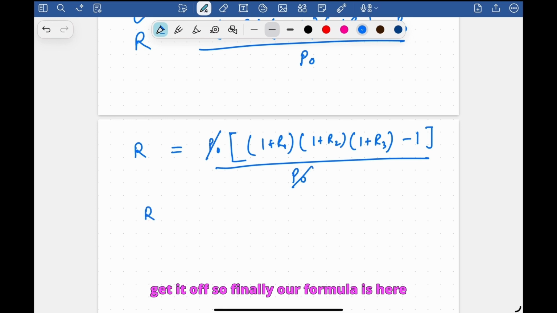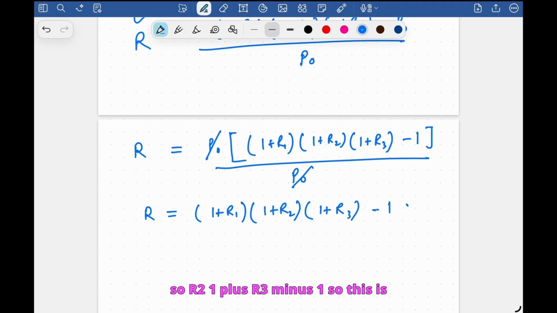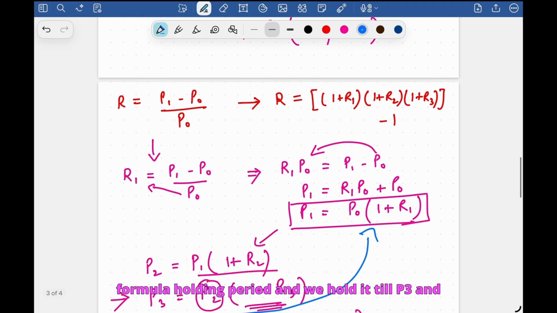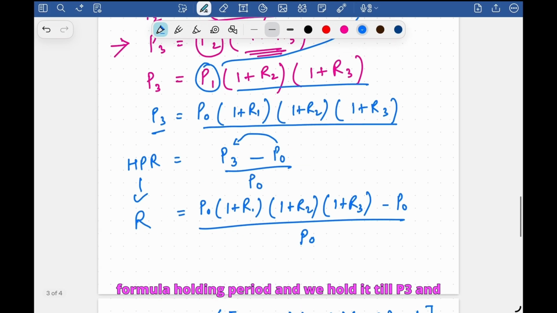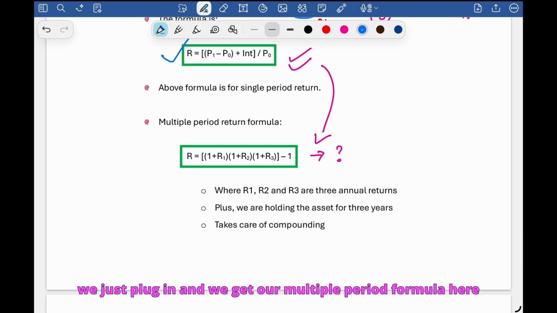So finally our formula is here: (1 plus R1)(1 plus R2)(1 plus R3) minus 1. So this is the basic derivation of the formula. Hope everything is clear. We have derived using this basic holding period formula, and we hold it till P3, and we just plug in and we get our multiple period formula here.